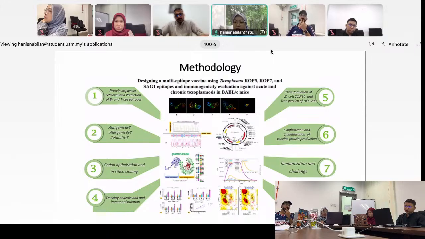After that, they confirm and quantify vaccine protein production using Bradford assay and Western blotting, and then they challenge the vaccine itself with the Toxoplasma antigen. Then, to evaluate immunogenicity, they measure antibody titers and cytokine assay.